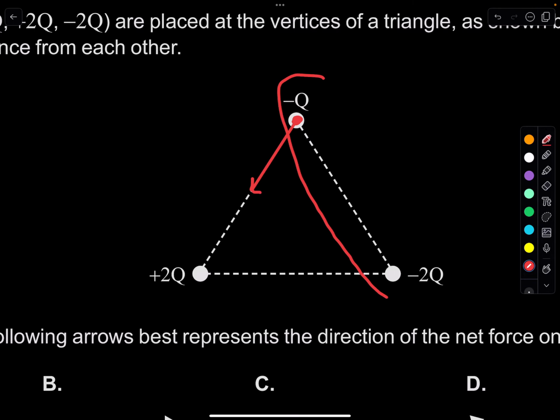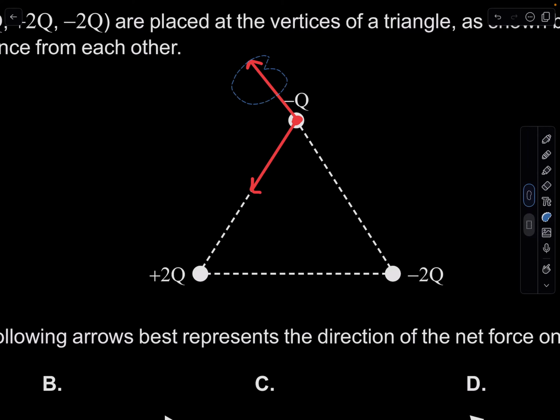Now let's look at what's going to happen with negative Q and that negative 2Q. Because they're both negative, they're going to be repelling, like that. And so we get the net force by adding these forces up.